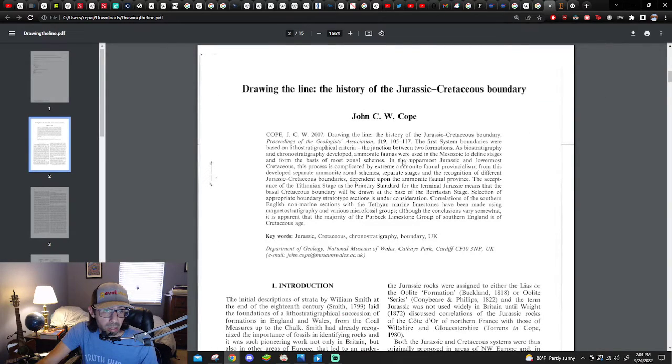Uppermost Jurassic and lowermost. Different boundary, dependent upon province.